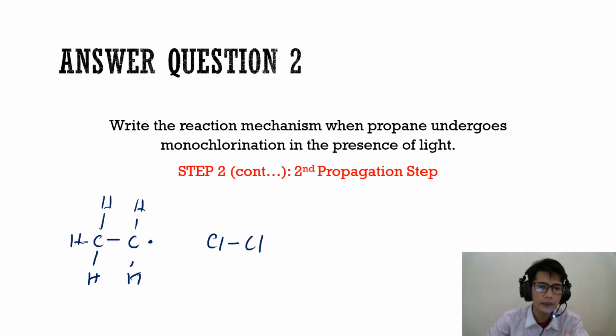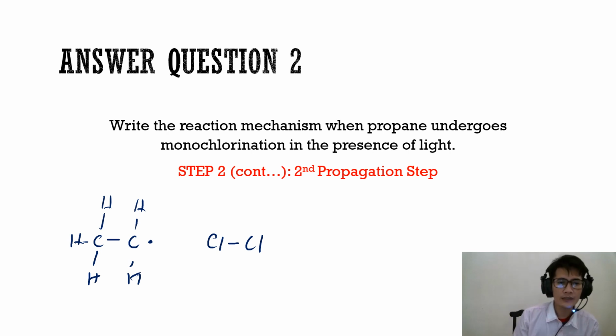Where did the chlorine come from, since it already broke in step number 1? You need to know that in the reaction, there is not just one molecule. We have too many molecules. So some of the molecules broke in the first step, but there are still more chlorine molecules that remain intact, still joined as Cl2.